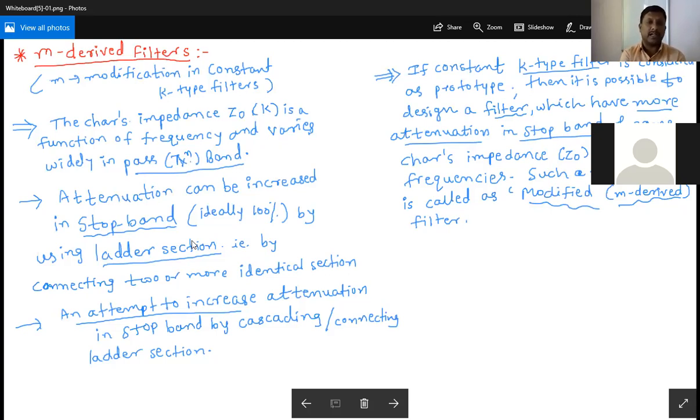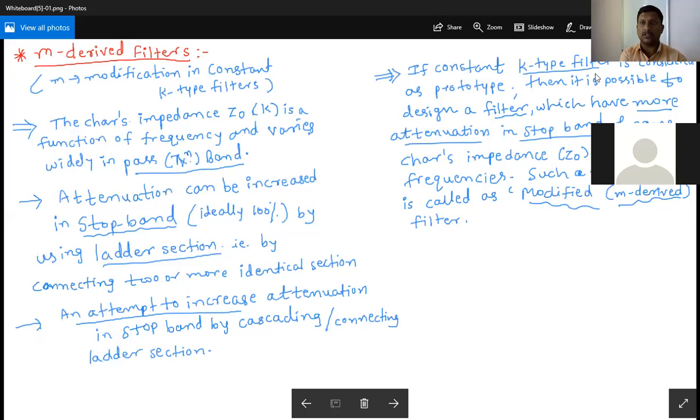If we add the ladder section, then automatically there will be an increase in attenuation in the stop band. Also, in the case of constant K type, there will not be a uniform characteristic impedance at all frequencies. It is changing for some frequencies. So to keep that value Z0 constant, we are also making a modification in the constant K type.